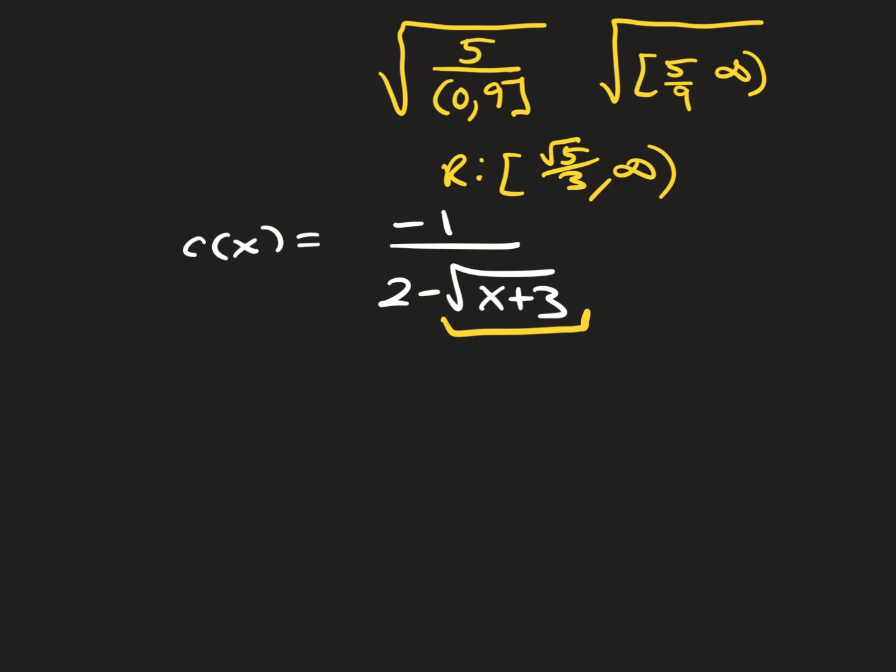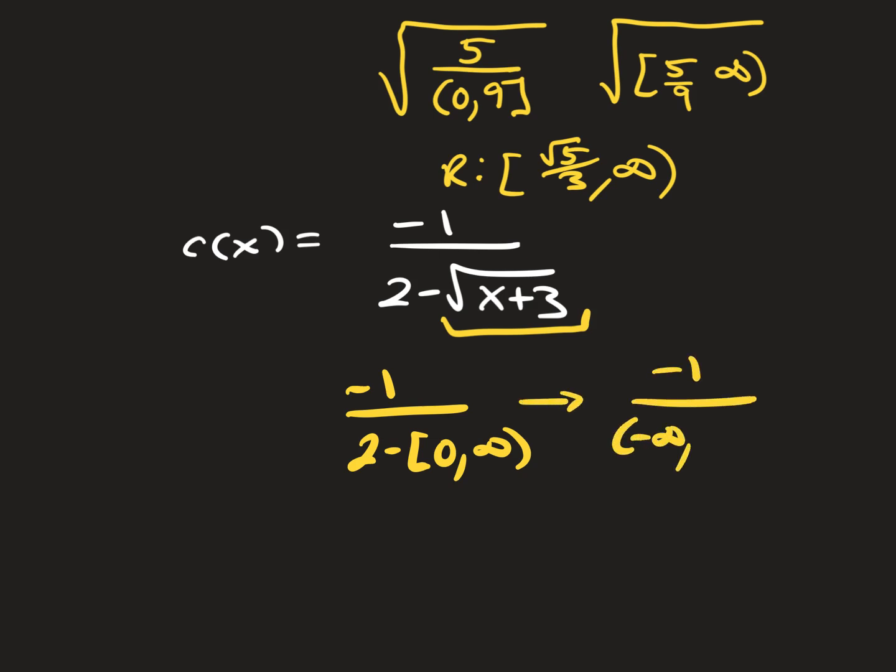So I'm going to have 0 to huge, and 2 minus that gives negative infinity to 2, and let's exclude 0. Just like we've done in the previous two problems, let's do our division analysis.